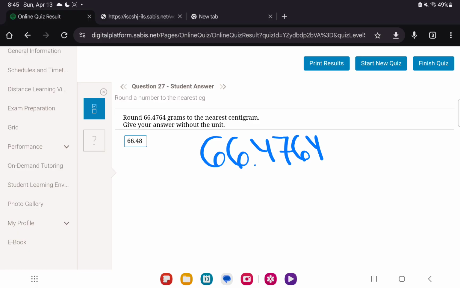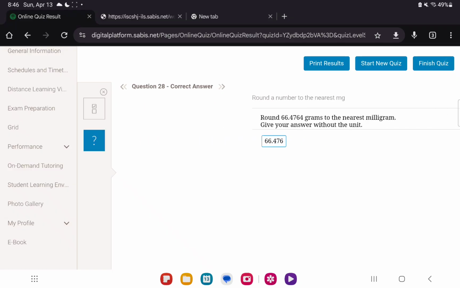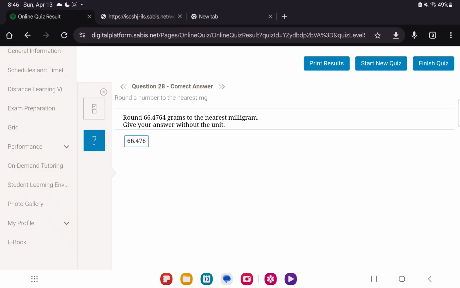So in general, when you're going from grams to centigrams, you multiply by 100. So it's going to be 2 zeros, so we go by the amount of zeros. So it's 66.47, and then 6 is greater than 5, so you round up, so it's 48. And that's your answer. Now 28 is, I think, the same thing but to the nearest milligram.